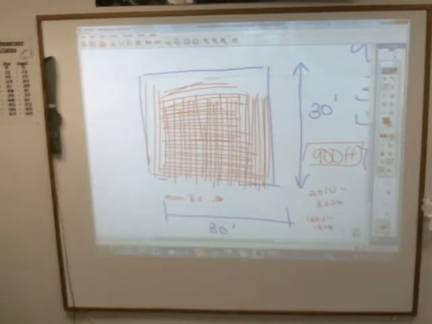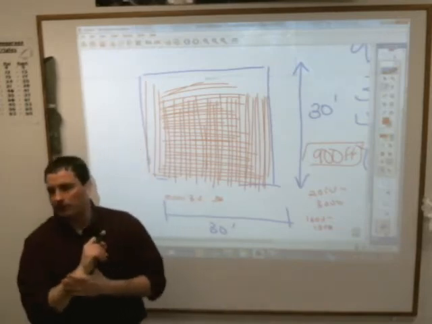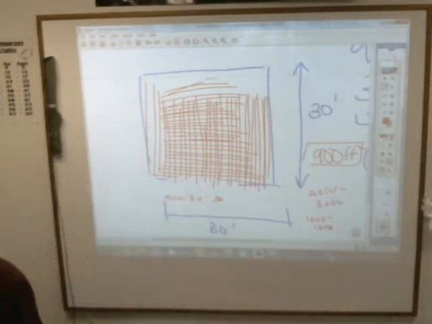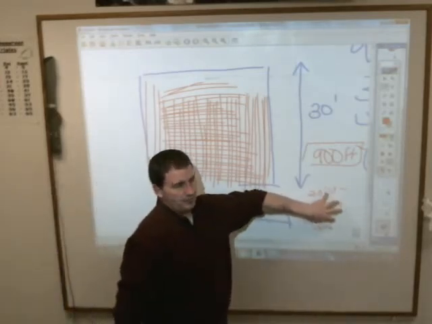Do me a favor and go home and ask your parents how big your house is. If you live in a really big house, with 5 bedrooms and everybody has their own bathroom, you're probably in the 3,500 to 4,000 square feet.